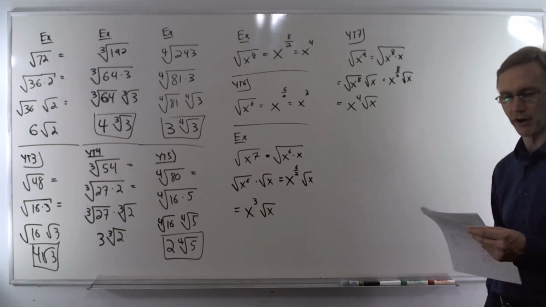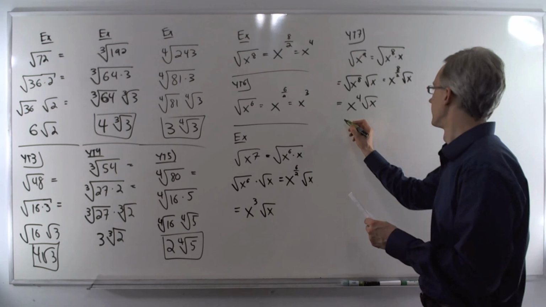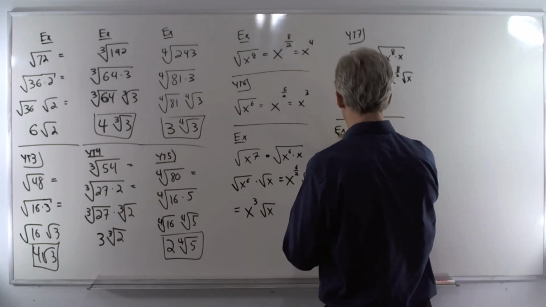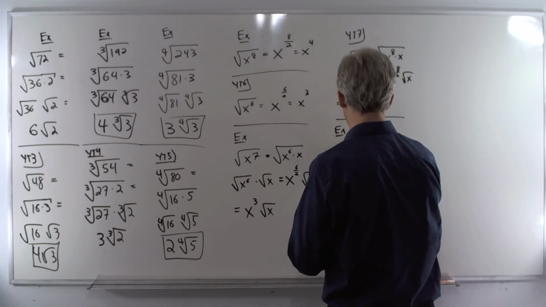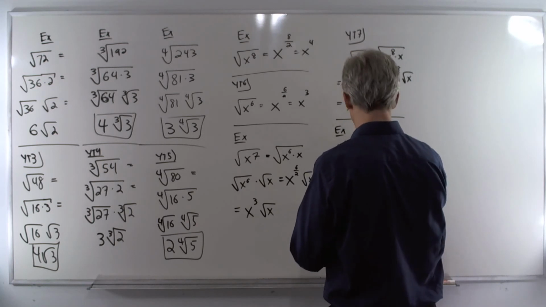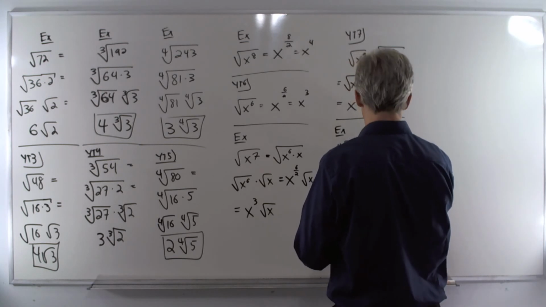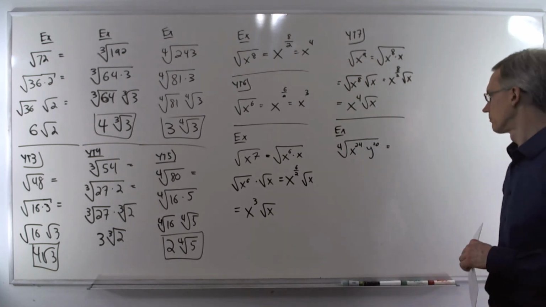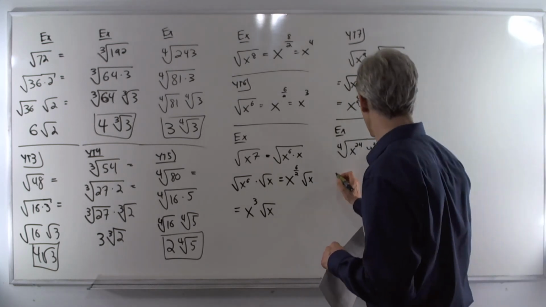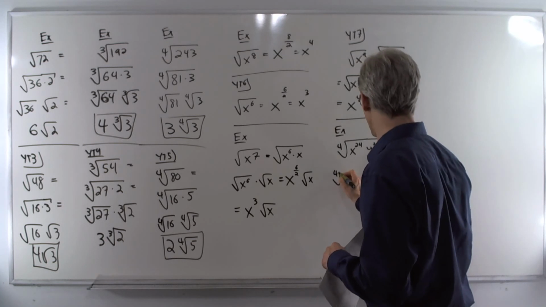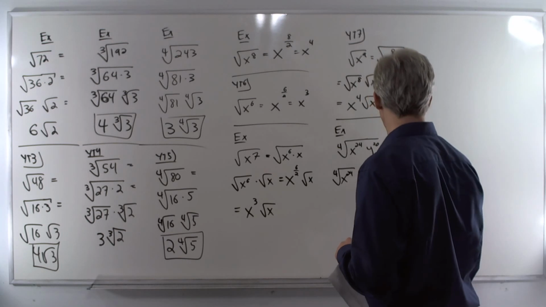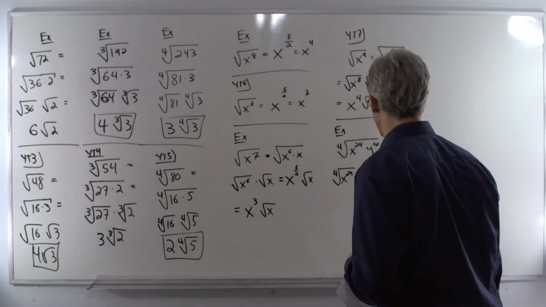Now if we have more than one variable, we'll just do each variable separately. And so we're going to write the product rule, breaking this up into the 4th root of x to the 24th power times the 4th root of y to the 20th power.